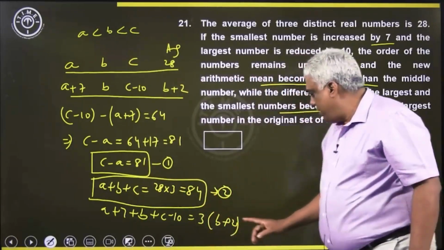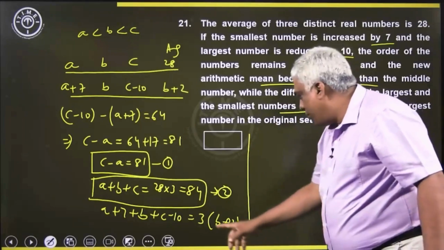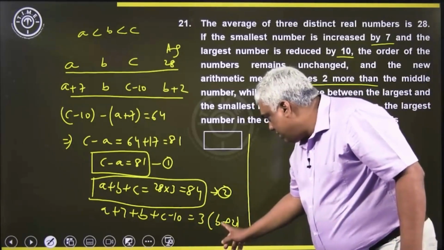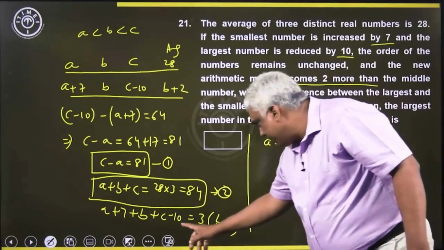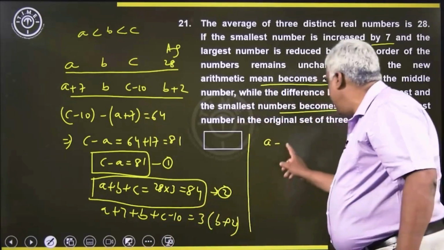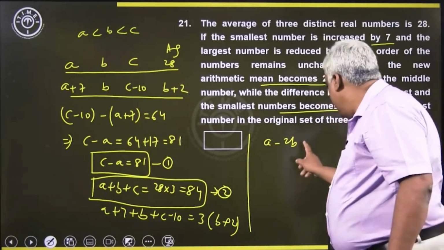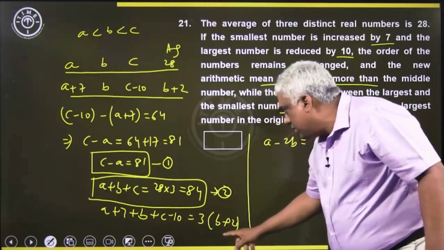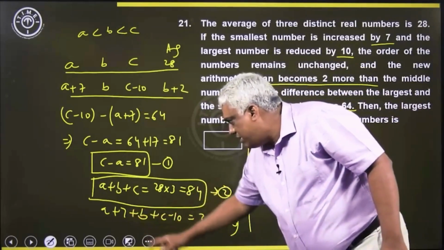If you simplify this, let us take 3B to that side.